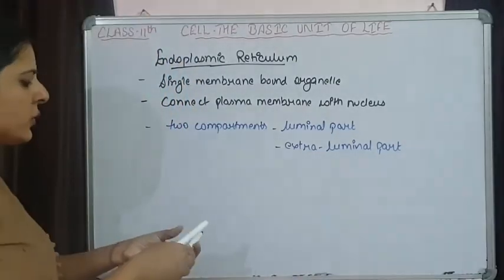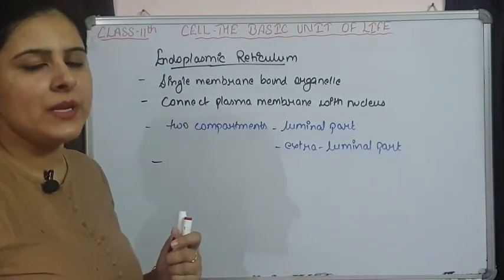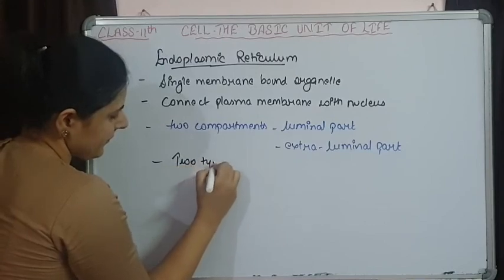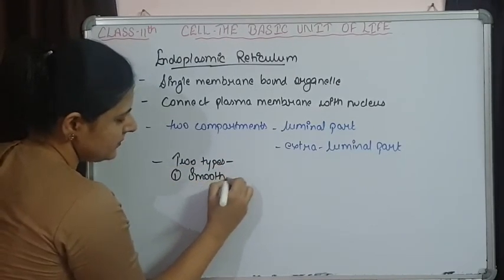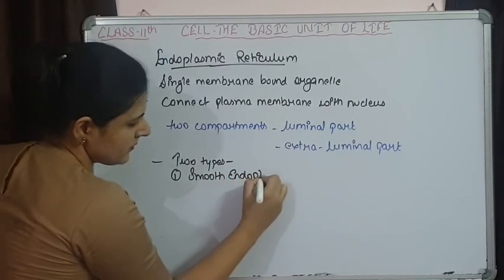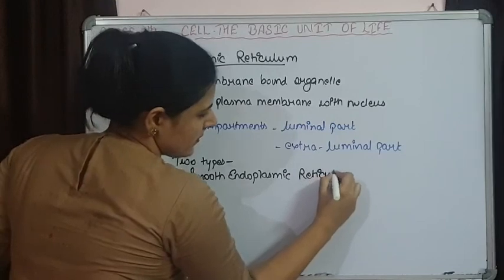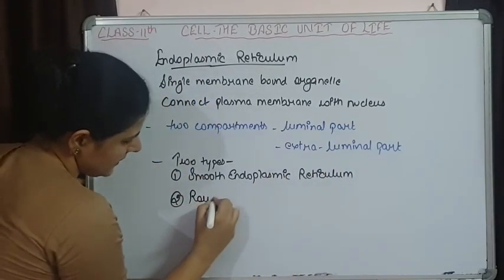Now we have two types of endoplasmic reticulum depending upon the presence and absence of ribosomes on them. These are smooth endoplasmic reticulum, and the second one is rough endoplasmic reticulum.